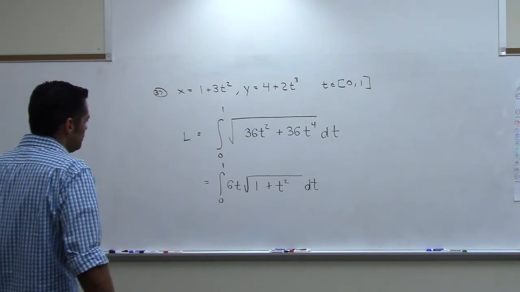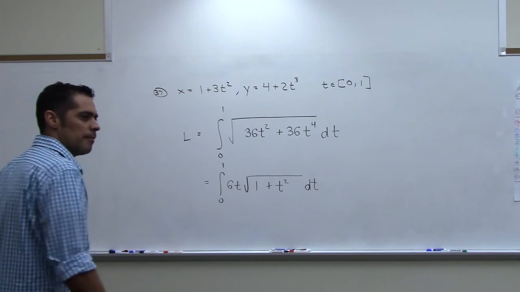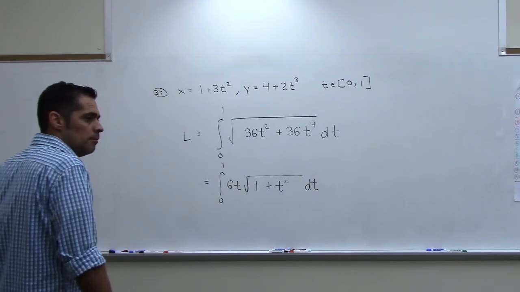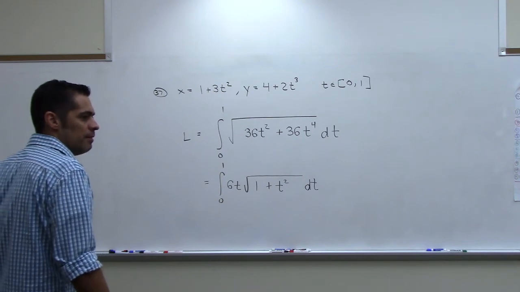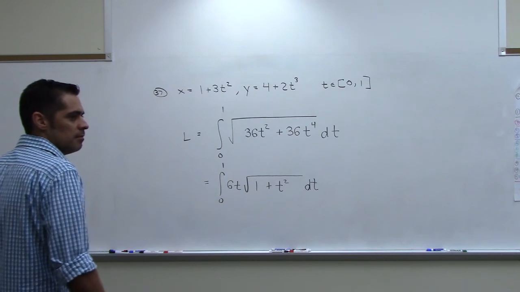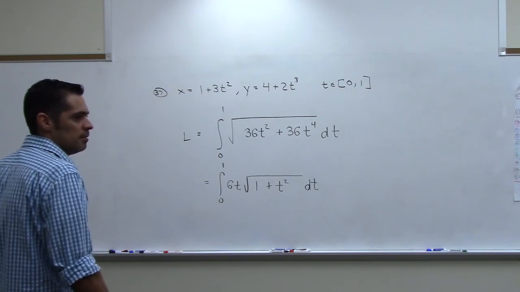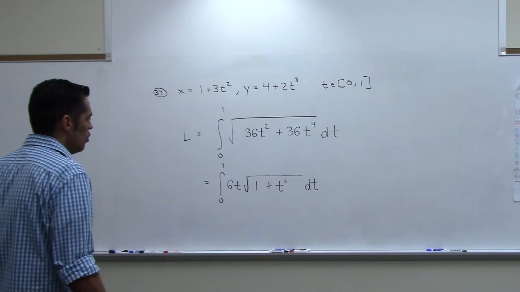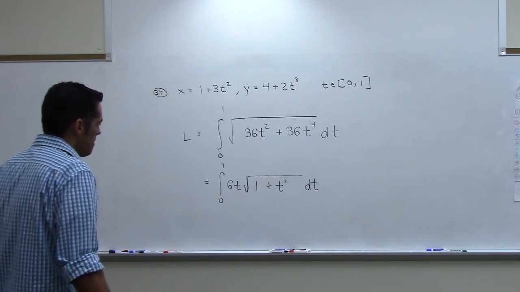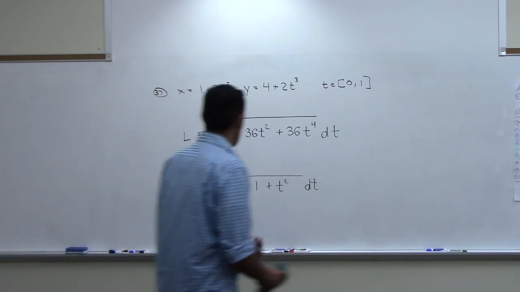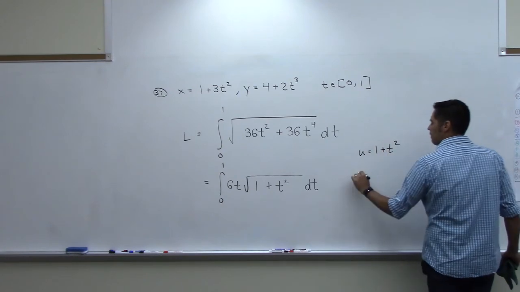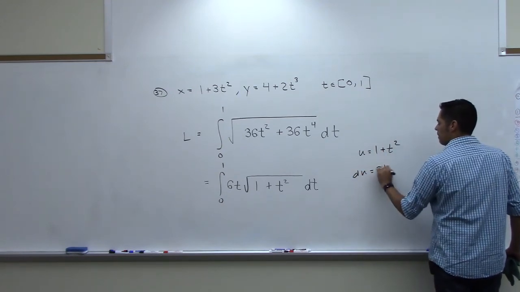I taught it at the very end of Cal 1 with integration. The substitution? Okay. Your substitution is 1 plus t squared, and when you take the derivative of what's inside that, you're going to find you just have to factor out your t dt.